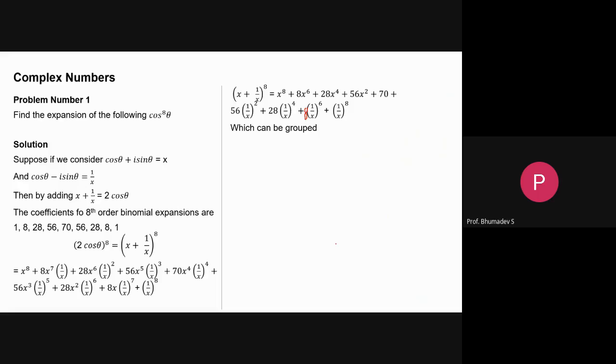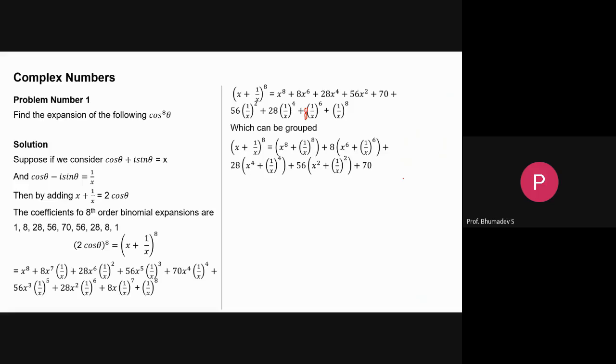Then we are supposed to group the terms to conclude the final result. When we are grouping the terms, the like power terms should be brought into one bracket.